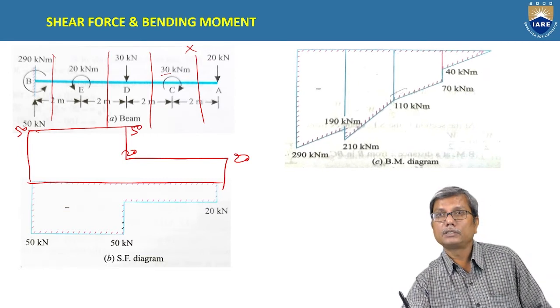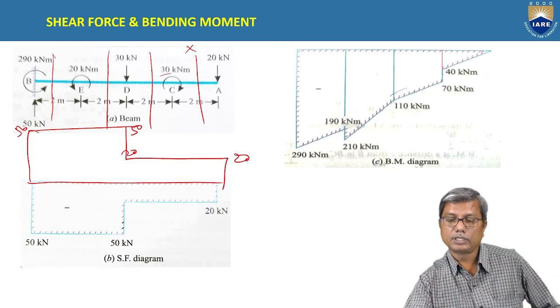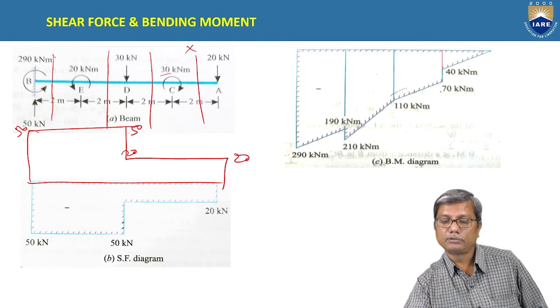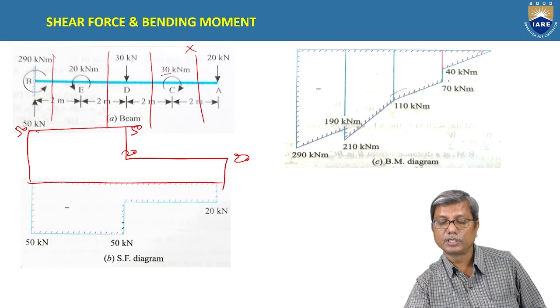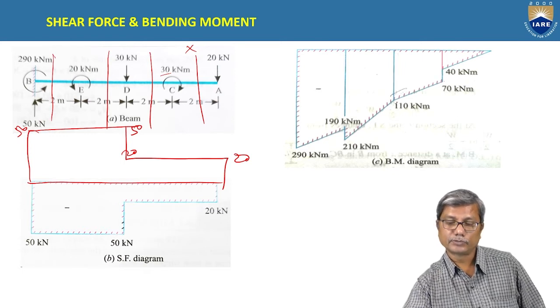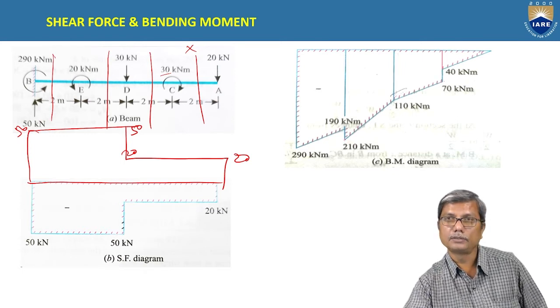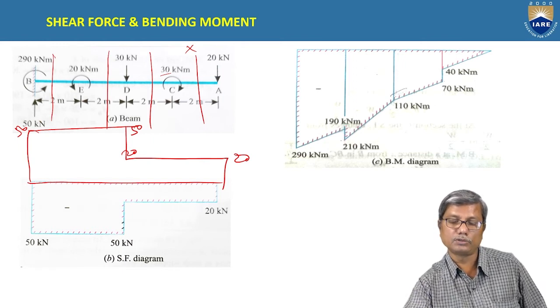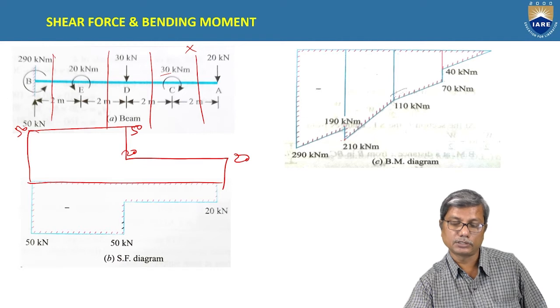So bending moment at A is 0 and at C it is minus 40, and there is a drop in the value by minus 30. So it becomes minus 70, and varies from minus 70 to minus 110 between C and D, and 110 to 210 between D and E. And there is again a change in the value: here it is actually increased, minus 210 to minus 190.